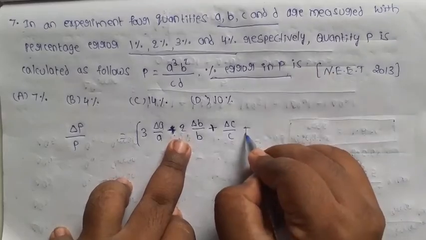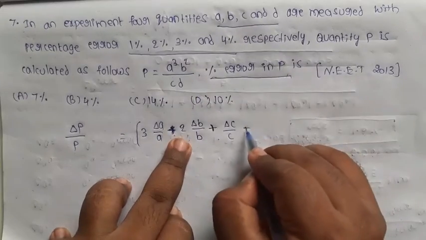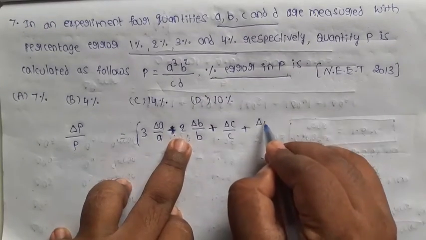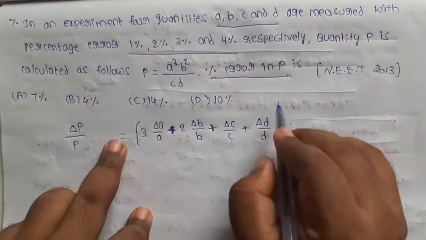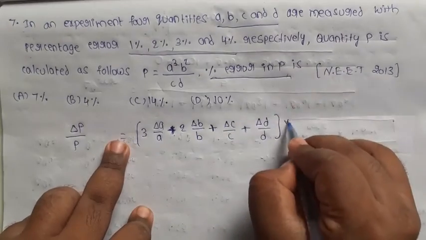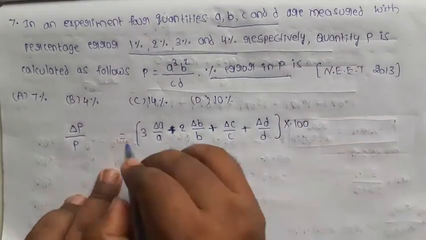Next there is no power of D, so delta D by D. So if you find out the percentage error, multiply with 100.